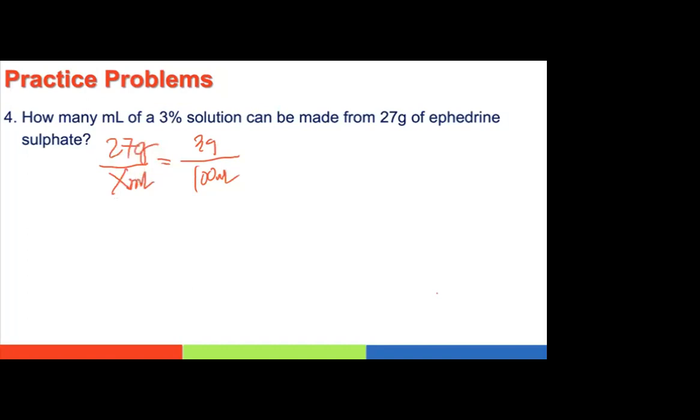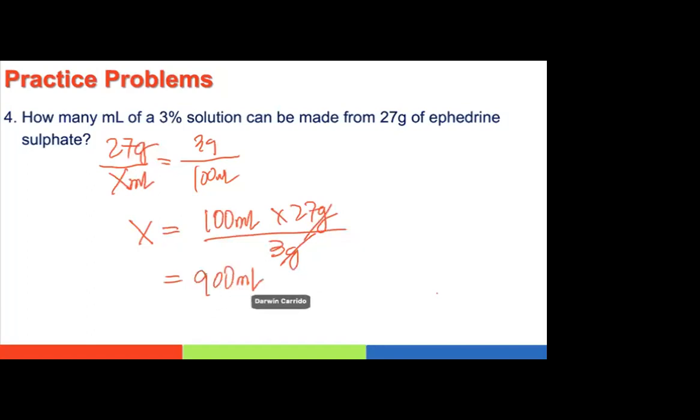So, what is X? X ml. So, 100 ml times 27 grams divided by 3 grams. Cancel out the same unit. The answer is 900 ml. Did you get that? For dimensional analysis, you are asked for the volume, so put ml right away.